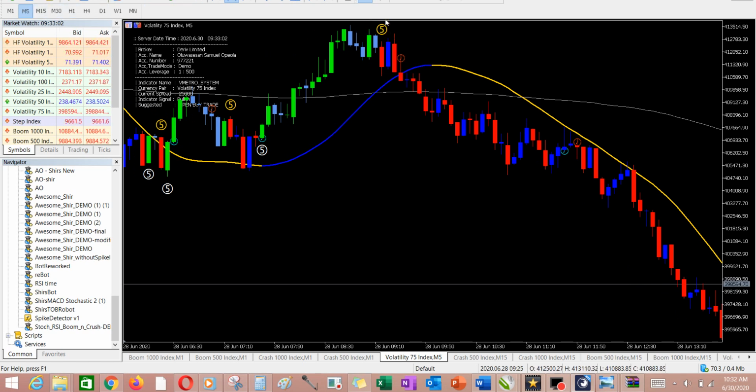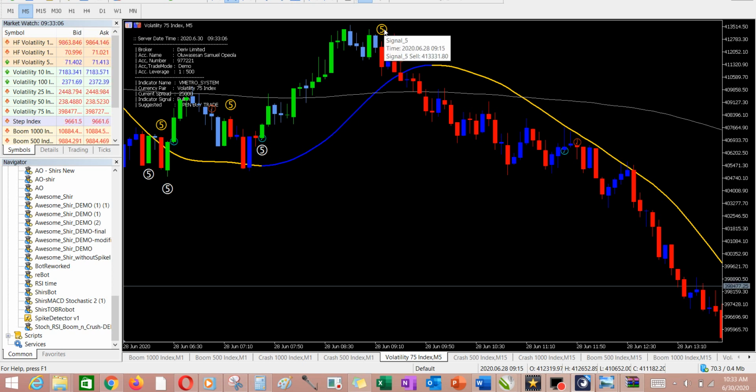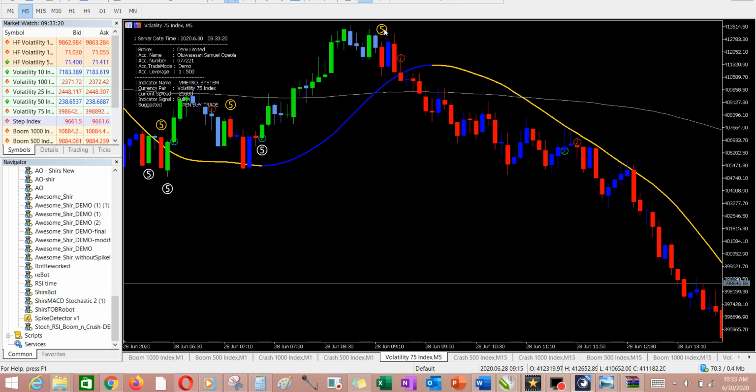Whenever you have the 5 signal coming out at first, because of how volatile Volatility 75 is, and the movement of this particular asset, it moves up and down, but more in the direction of the trend it is following.